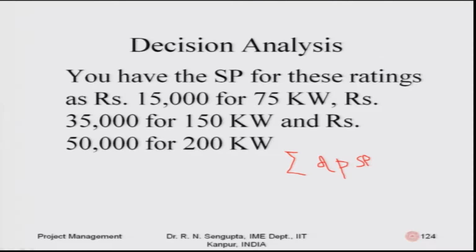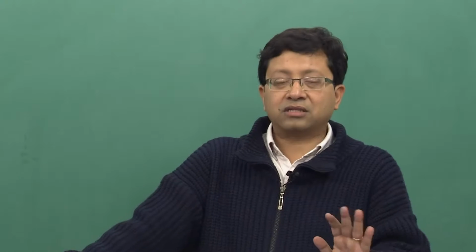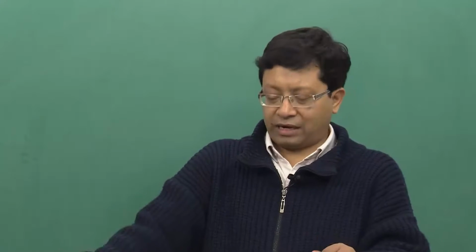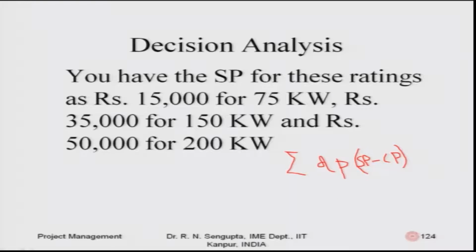Now, in this problem, again, let me go back. It will be selling price minus the cost price, the cost price for each and every item which you are considering. So, if the selling price is 15,000 and the cost price for the 75 kilowatt is considered 5,000, it will be 15,000 minus 5,000 inside the bracket, multiplied by the probability P1 and D1.